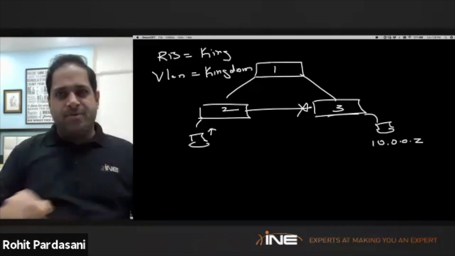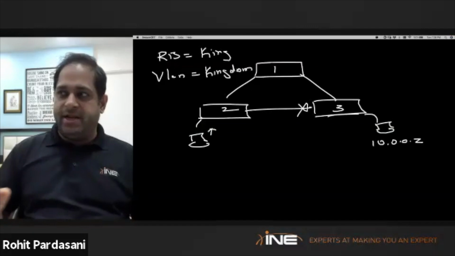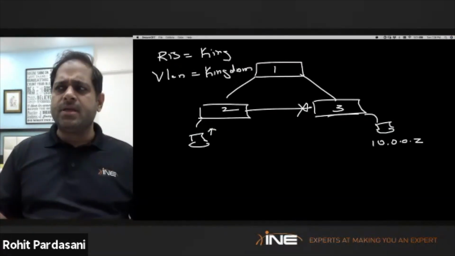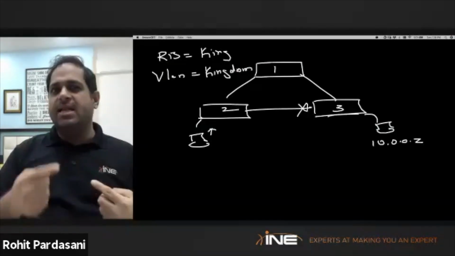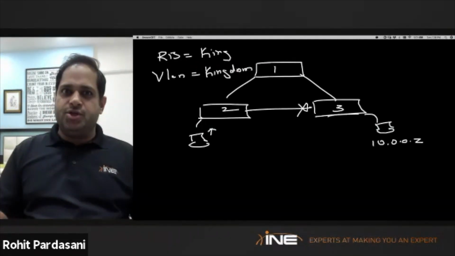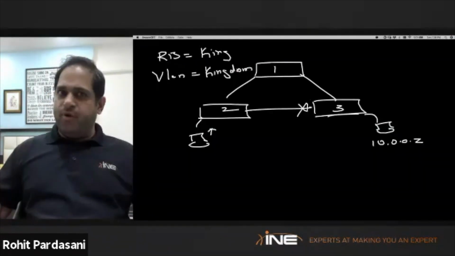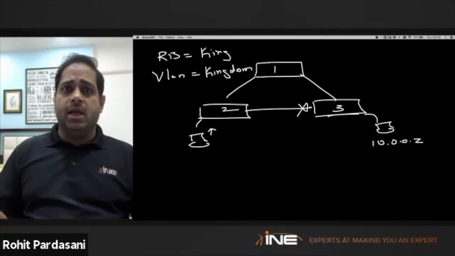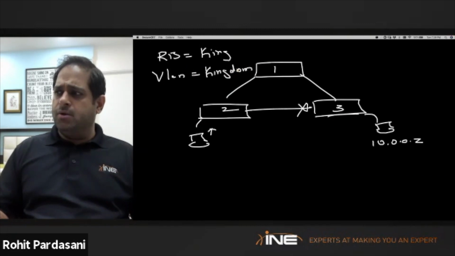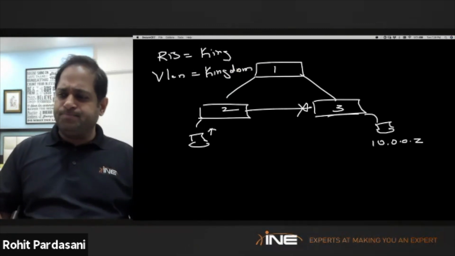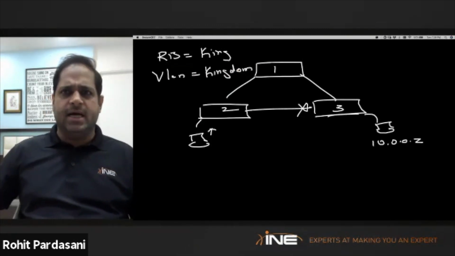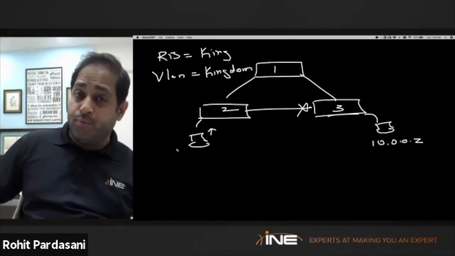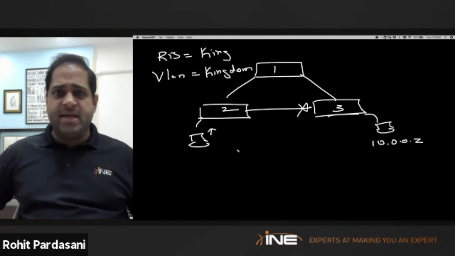We'll still talk about the spanning tree modes a bit later, but just the working of spanning tree is what we're talking about. So spanning tree starts the election process, which basically says, okay, there are three people who want to be the king. There can only be one king or one root bridge. So let's start the election process. Now the selection criteria for root bridge selection is based on two things.